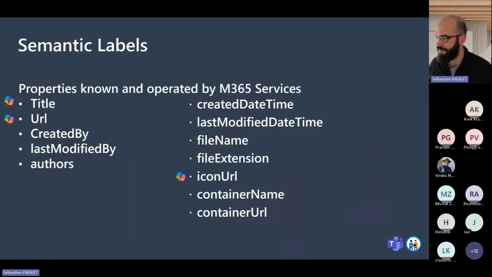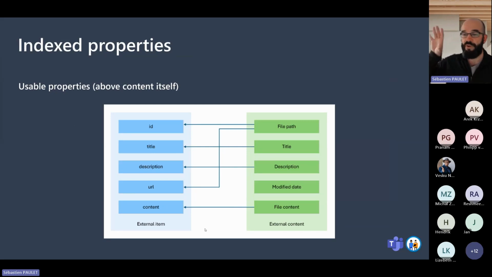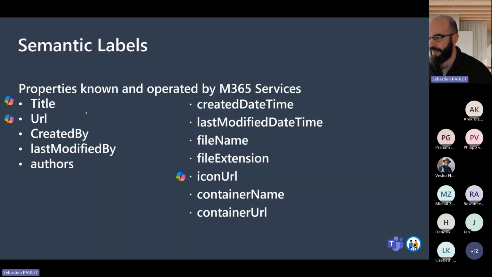Let's move on. Okay, I was talking about this. So we will have properties in the world of our external content, and we will have also properties in the Microsoft Graph Connector world. And among those properties, there are a few that we name semantic labels. Those are properties which are well known from Microsoft 365.